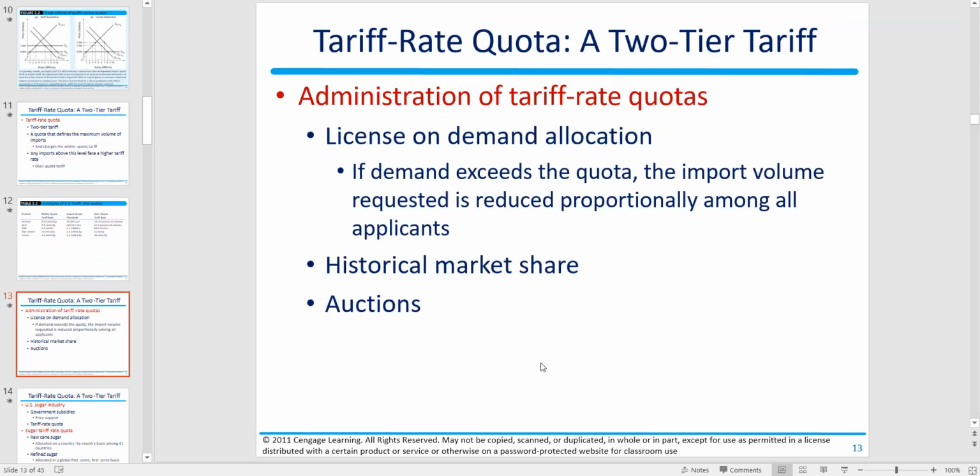These tariff rate quotas also demand a license to import, and as in the simple quota system, there will be auctions to allocate these licenses to those individuals that want to be importers of these goods.